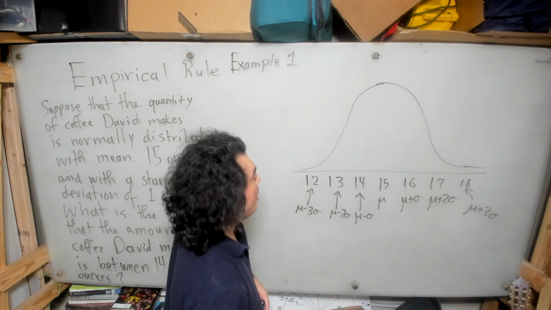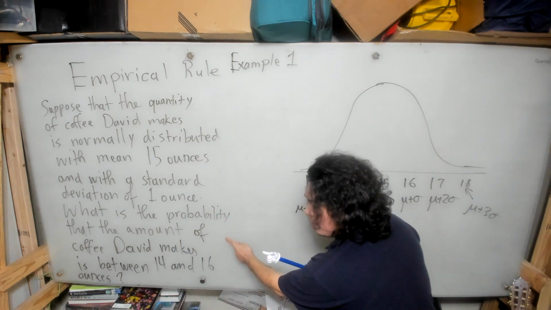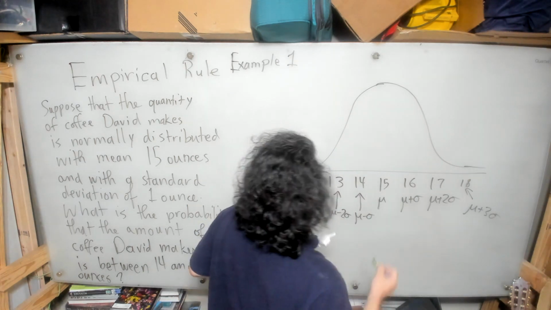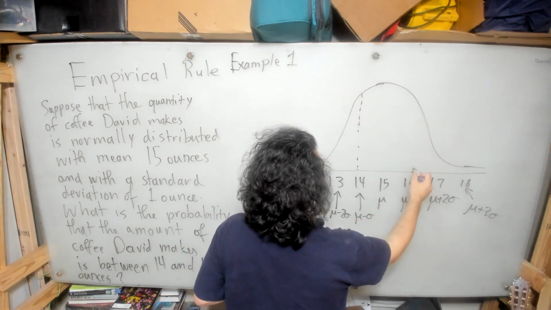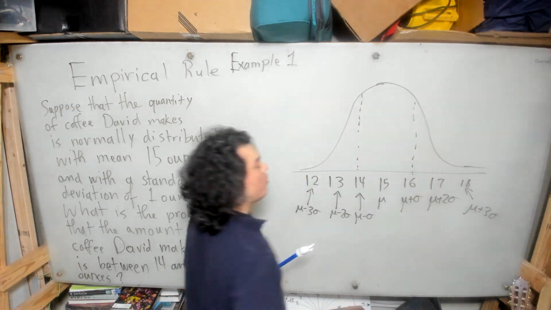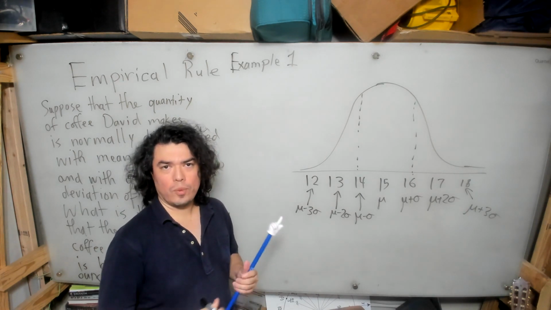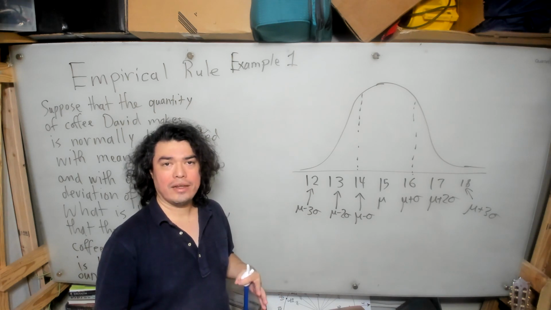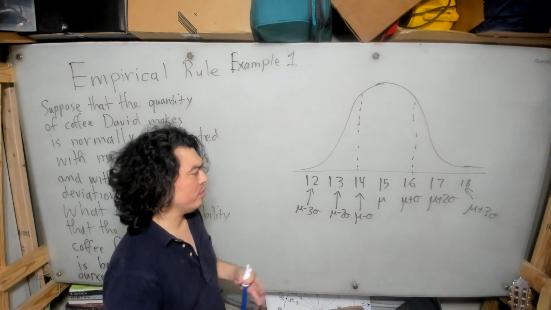Okay? And the question is asking, what is the probability that the amount of coffee David makes is between 14 and 16 ounces? Aha. You know, it's going to be between 14 and 16. So we remember from our discussion of normal random variables that the probability that the normal distribution is going to take a value between certain boundaries, okay?